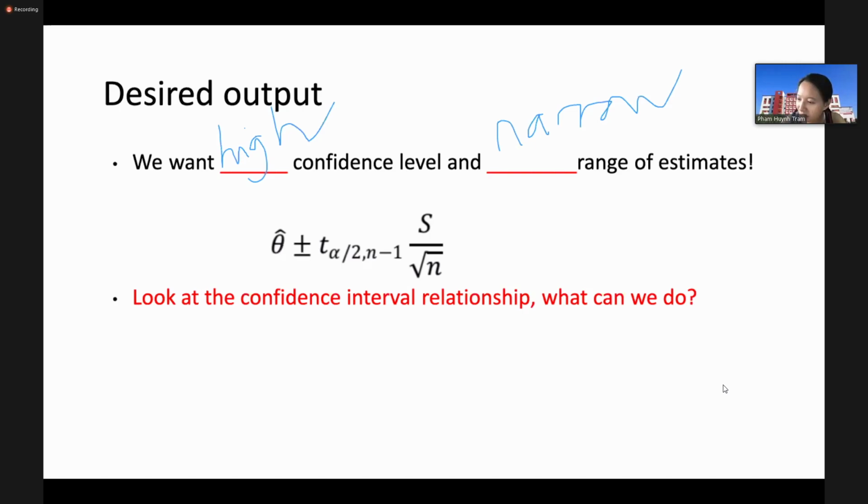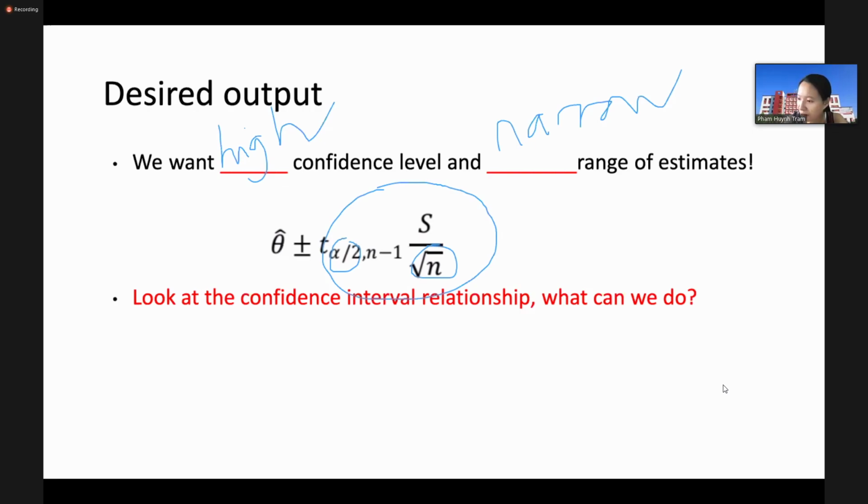If we fix this one, and we want a high confidence level, this one is small, and automatically this one would be large. All right, so the only way here is to set a certain confidence level that we want.